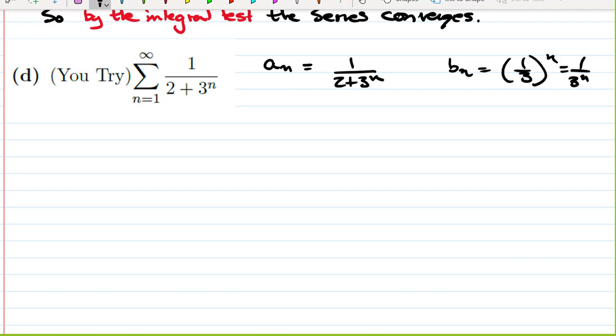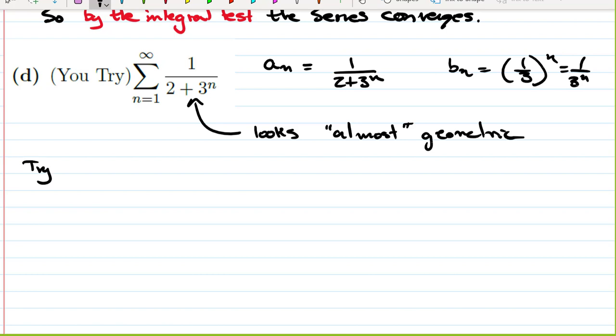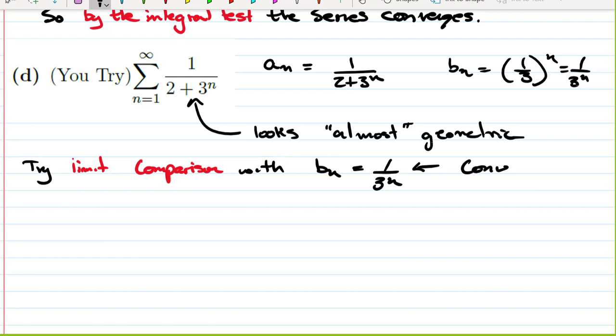So since this looks almost geometric, we will try limit comparison with our b_n equaling 1 over 3 to the n, which is the same as 1/3 to the n. So this is a convergent geometric.